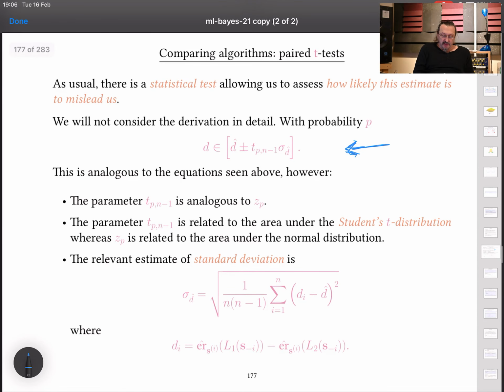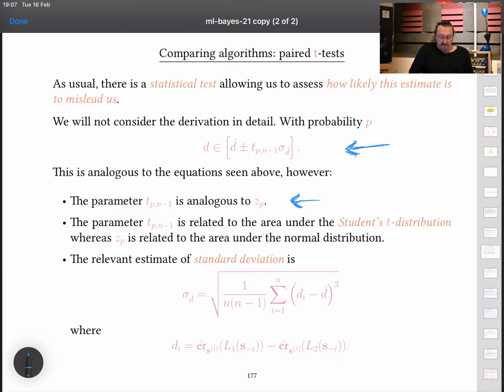Now, in this case, we have this value t, depending on both the probability p that we want, typically 0.95, and the value n, the number of folds, which is analogous to ZP in the earlier slides. And this is related to the student's t-distribution, okay, whereas ZP is related to the area under the normal distribution.